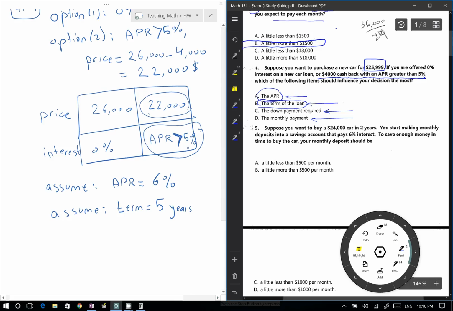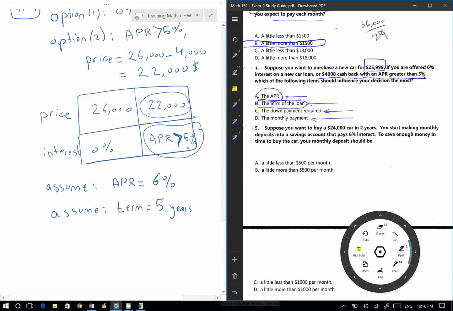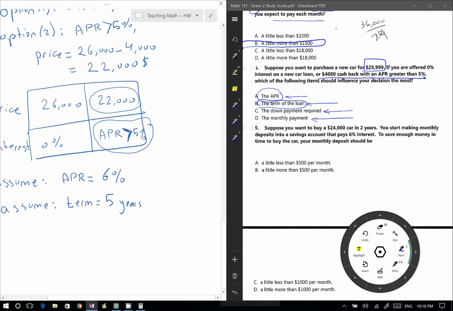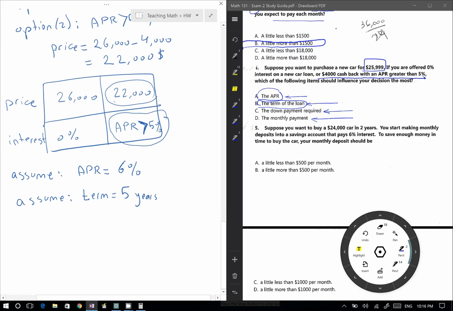Okay? So the way I do this, I have to make another assumption. So I assume APR to be 6%, and I will do term 1 as 5 years, and term 2 would be 6 years.